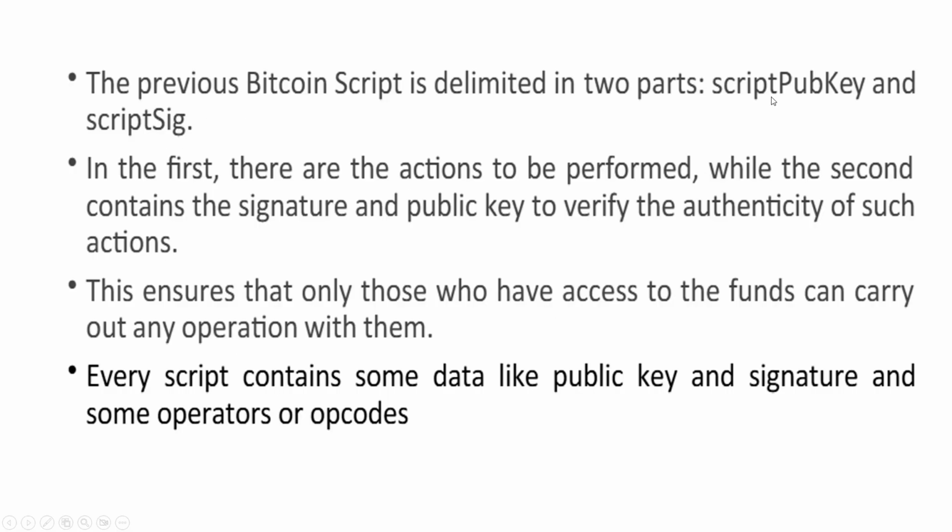So we saw two inputs, right? One is the script public key and the other is the script signature. The first contains the actions to be performed, while the second contains the signature and the public key to verify authenticity. Who really sent it?